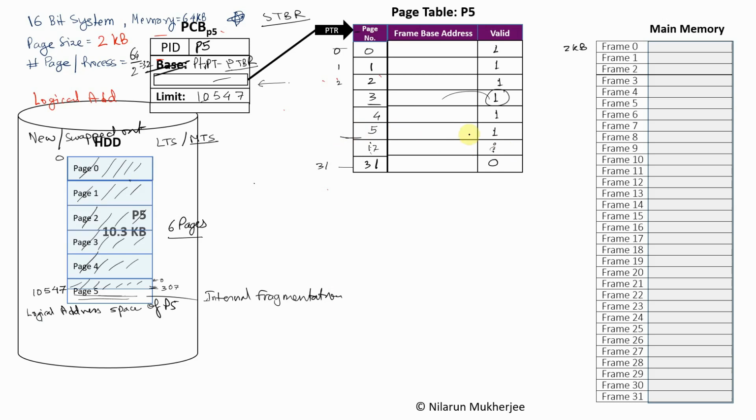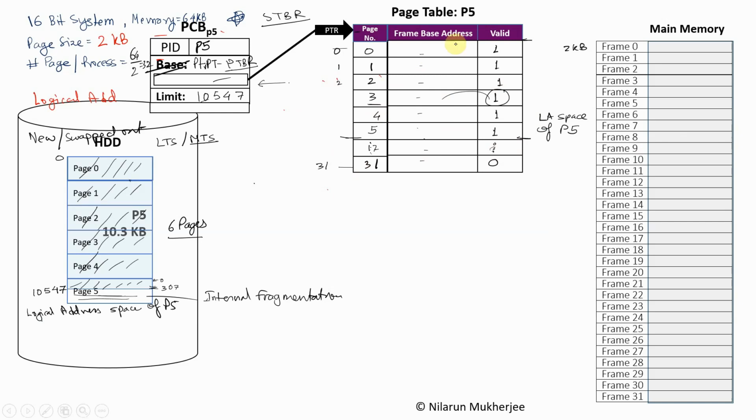So we see up to this is the valid logical address space of P5. So initially nothing will be here, and garbage value is 0, and when the process is loaded, pages get loaded, the value will be filled in here.